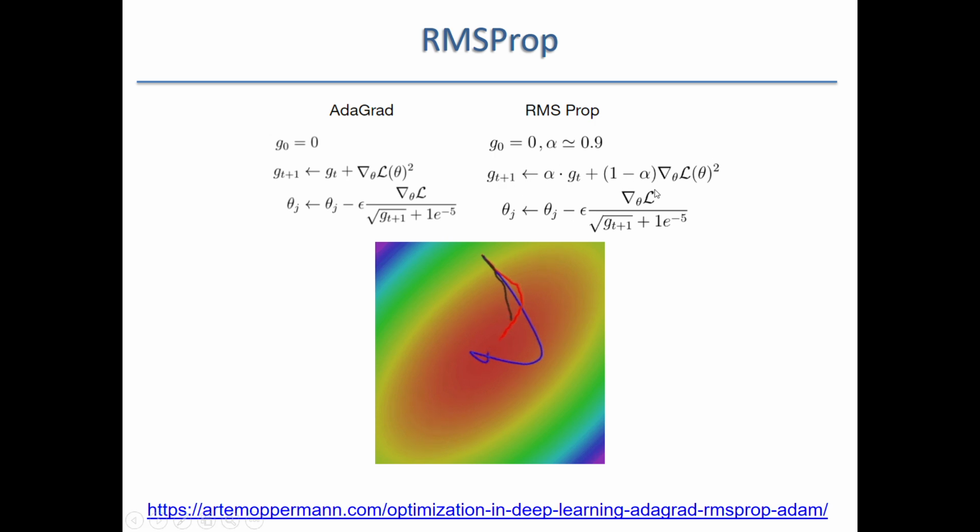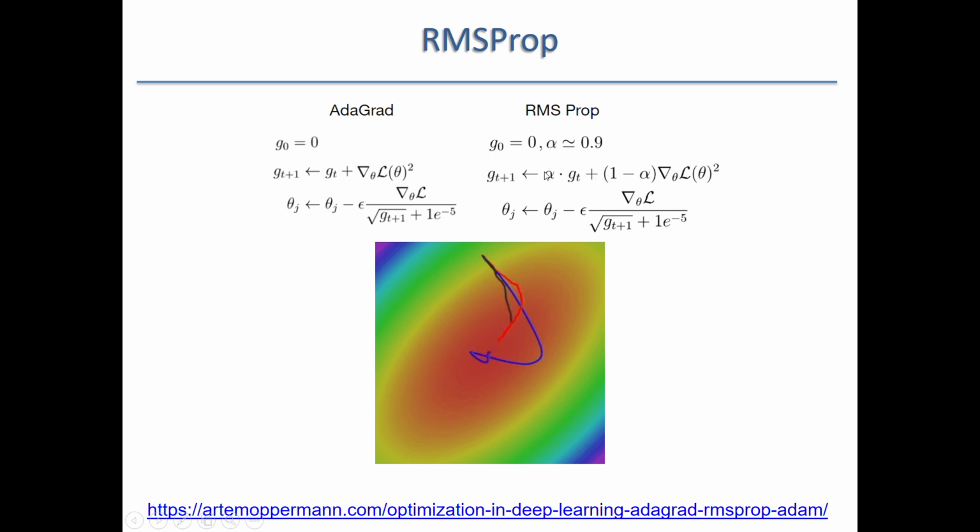If you are coming from signal processing, here you recognize an infinite impulse response filter. So that means you are making a kind of local average of the magnitude squared of your loss gradient in the last few iterations.